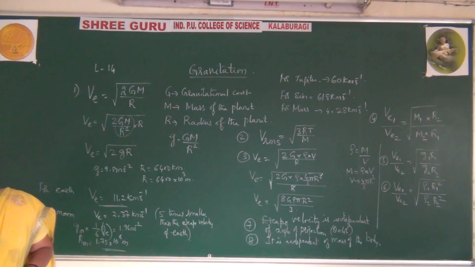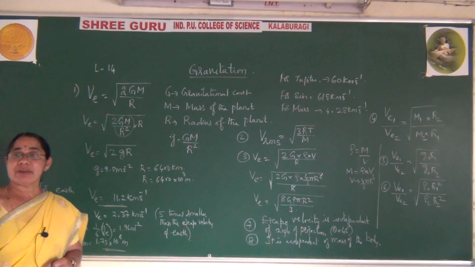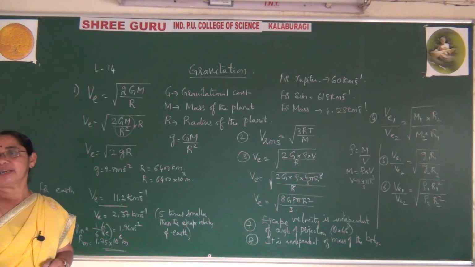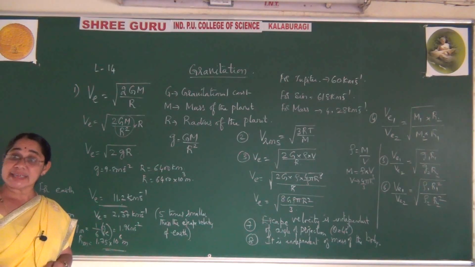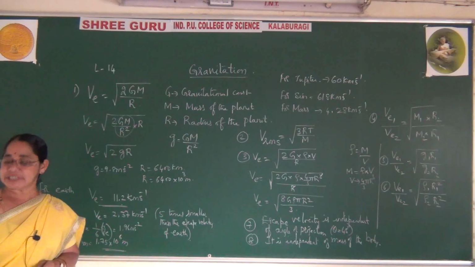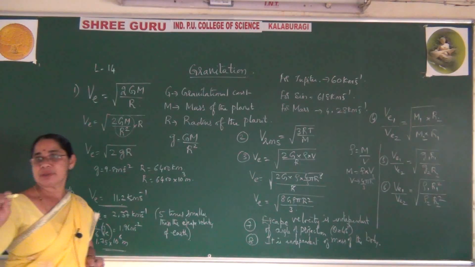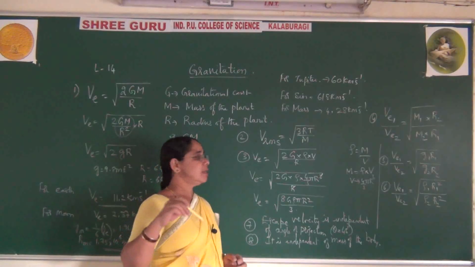At that time, one more point: if the velocity is less than escape velocity, suppose you are throwing some object with a velocity less than escape velocity, then the object will reach a certain height, but it will never escape, and it will never come back to the surface of the earth.